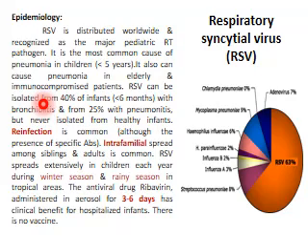Reinfection is common, despite the presence of specific antibody, and here is the question: why is reinfection common? Intrafamilial spread among siblings and adults is common, especially among Iraqi families. We have extended families, and this phenomenon is very common. Respiratory syncytial virus spreads extensively in children each year during the winter season and rainy season.